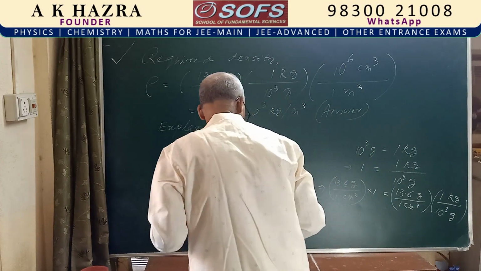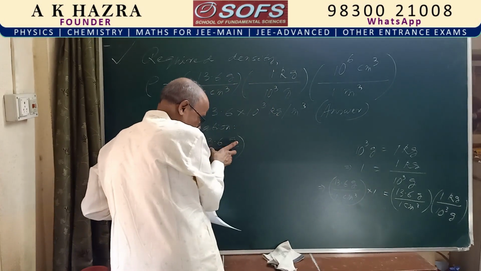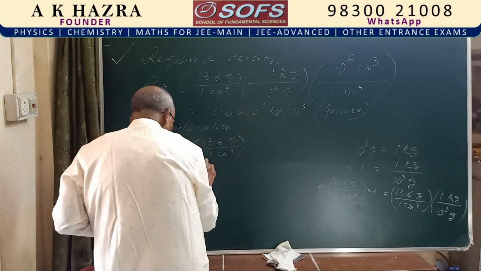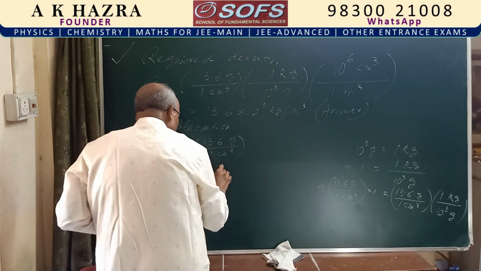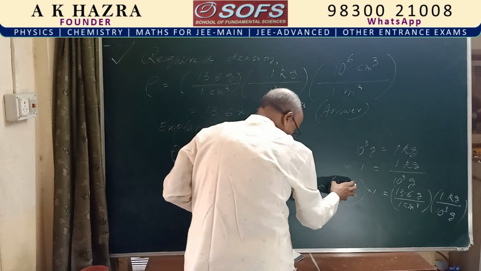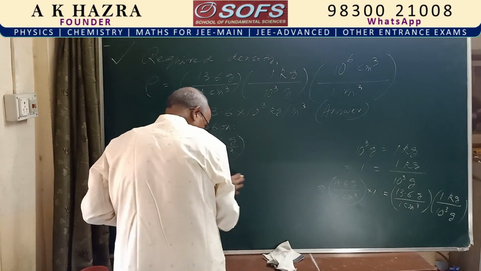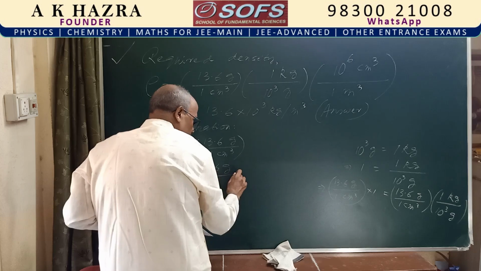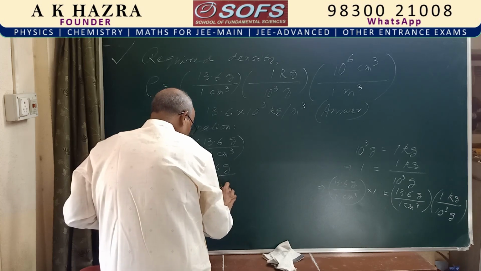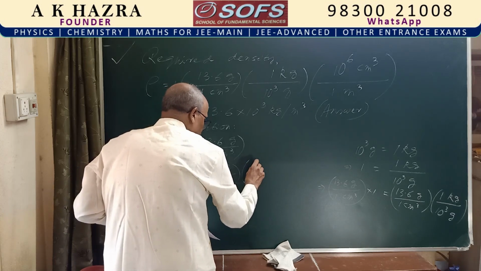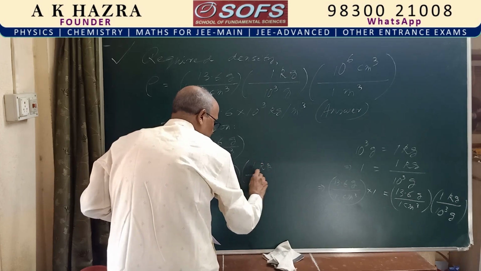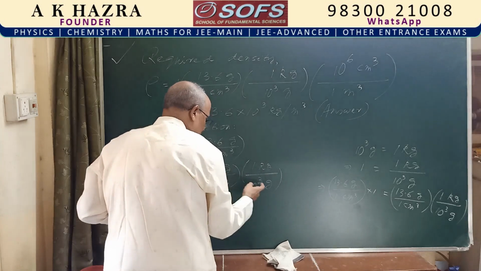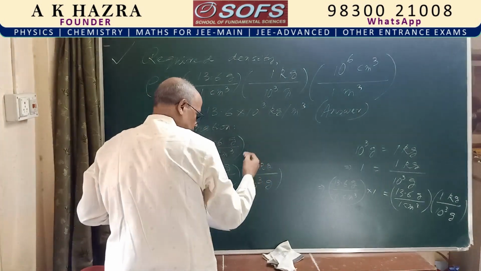So this equals 13.6 gram by 1 cubic centimeter into 1 kg by 10 to the power 3 gram. So gram cancels. We have already obtained kg.